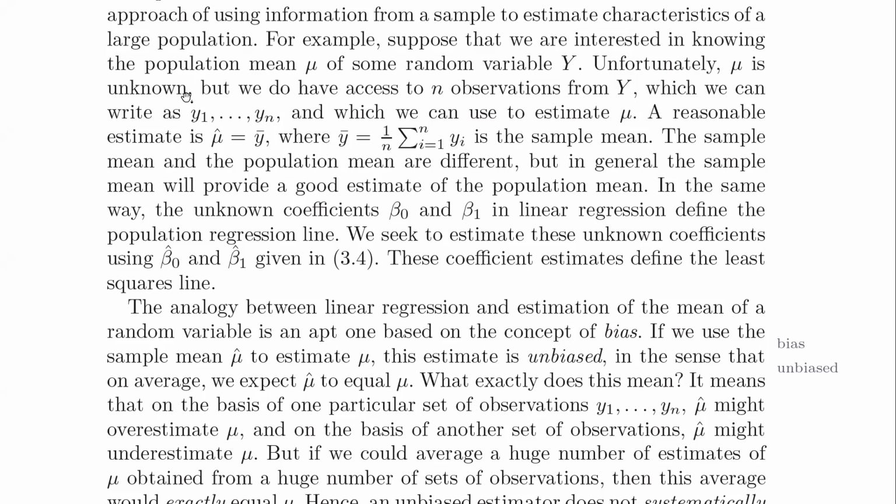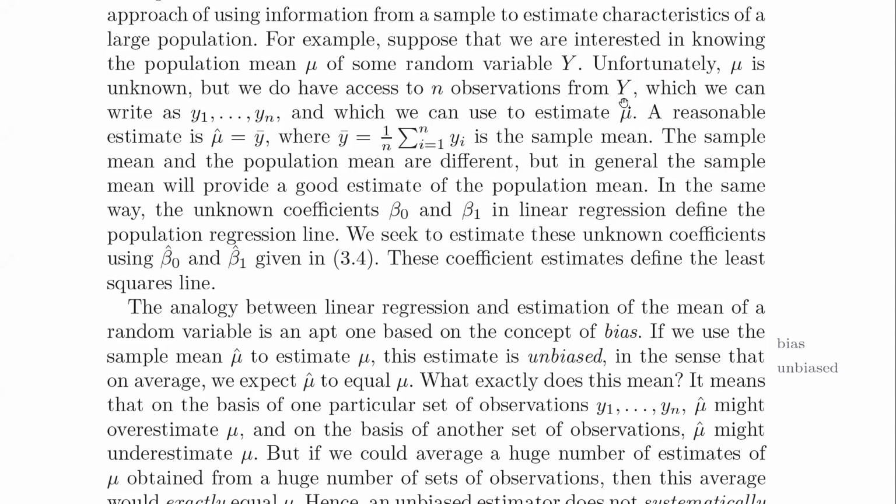So if you have access to n observations, you can estimate mu. A reasonable estimate: you could just say, okay, well, I think that the population mean is equal to the sample mean.